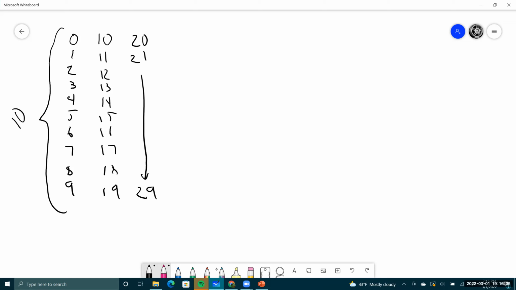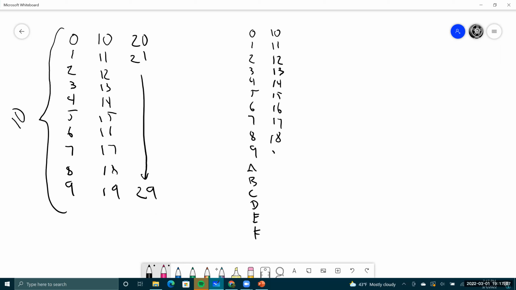Now for hex, you have 16 values. So the values are 0, 1, 2, 3, 4, 5, 6, 7, 8, 9. And after 9, you have A, B, C, D, E, F. So what's a number after F? It would be 10, 11, 12, 13, 14, 15, 16, 17, 18, 19.